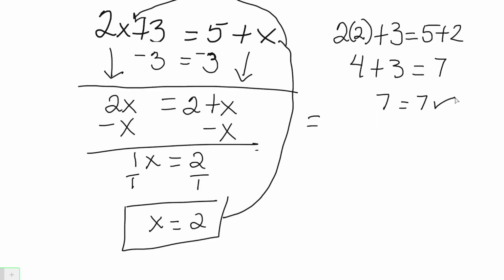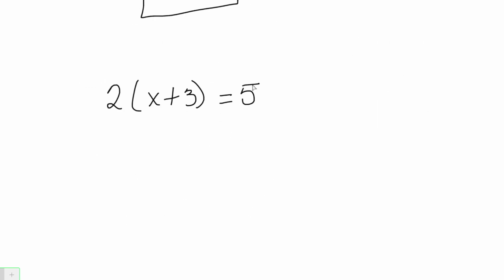All right. And the last one I'm going to show you. Now, this one includes distributive property. So distributive property, when you distribute something, that means everyone gets something. So who is getting something? What is being distributed? This parentheses has an unknown in it and a constant in it, and that's about it.